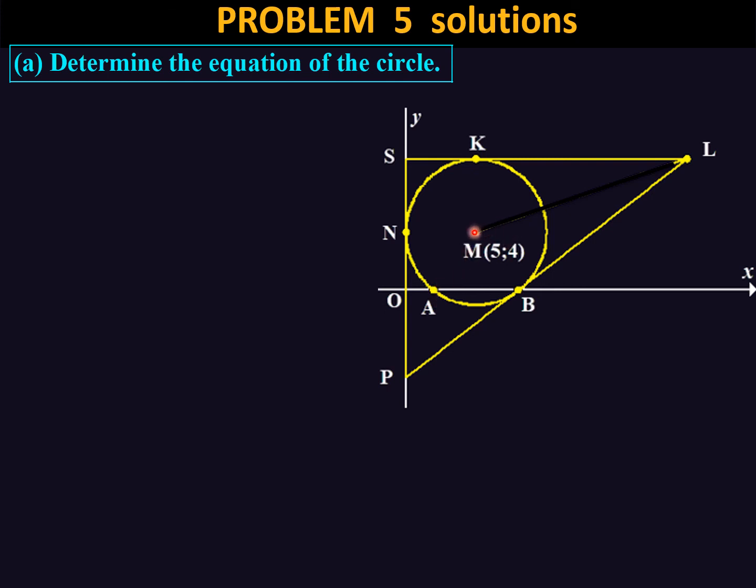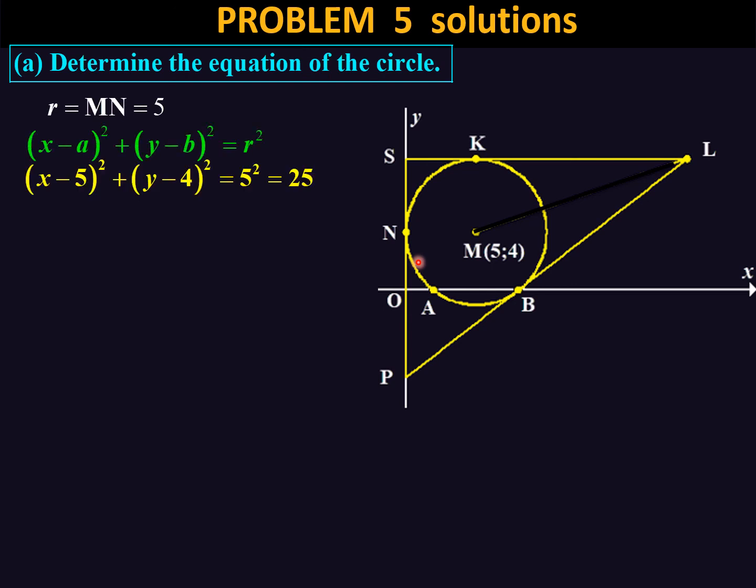But look at this one, MN. I know that length. That's the length from the y-axis to point M. So that will be 5. The x value there is 5, so the radius is 5. So you just have to interpret your diagram there. So once I have the radius and the center, it's just a matter of substituting into the circle formula. So that's going to be (x minus 5) squared plus (y minus 4) squared, equal to 5 squared, which is 25.